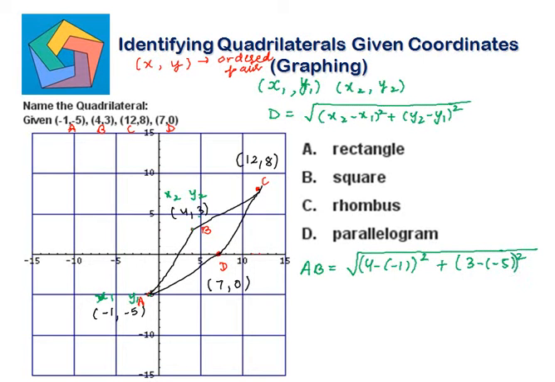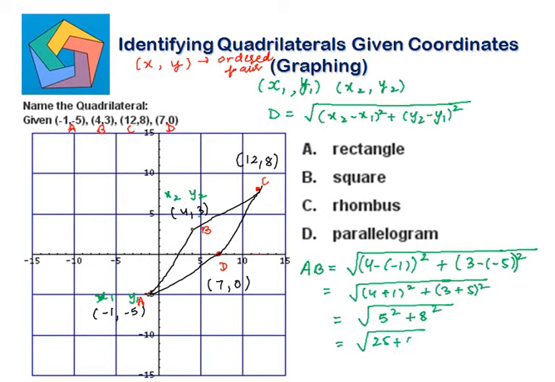This is equal to the square root of 5 squared plus 8 squared, which is the square root of 25 plus 64, which is equal to the square root of 89.